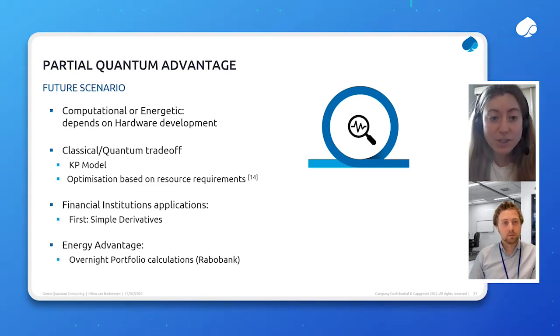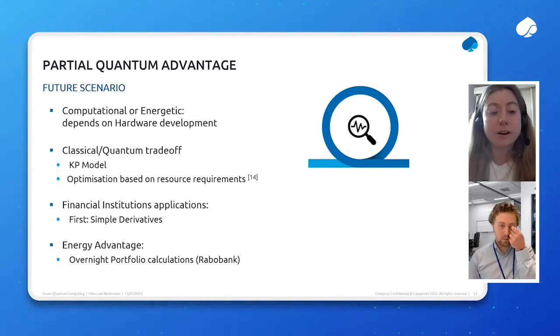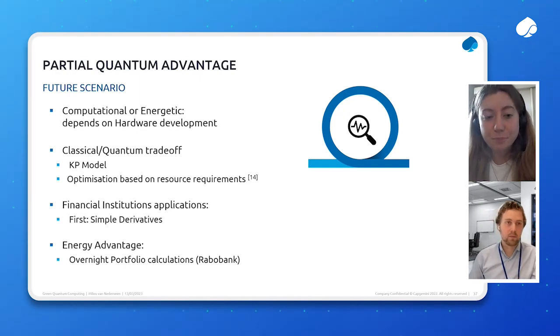For financial institutions, this means that the first real calculations for simple derivatives can be done with this partial speed up and energy advantage. And it also means that if we actually acquire the energy advantage first, for financial institutions, certain calculations might already become interesting to perform on a quantum computer.